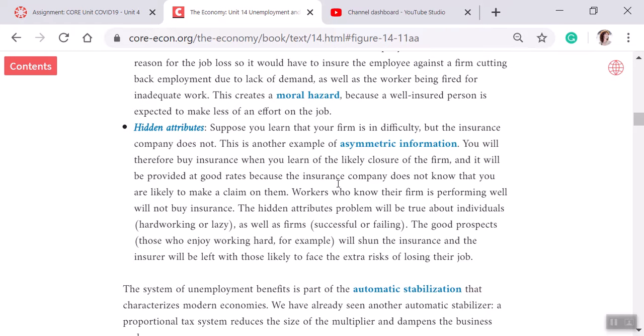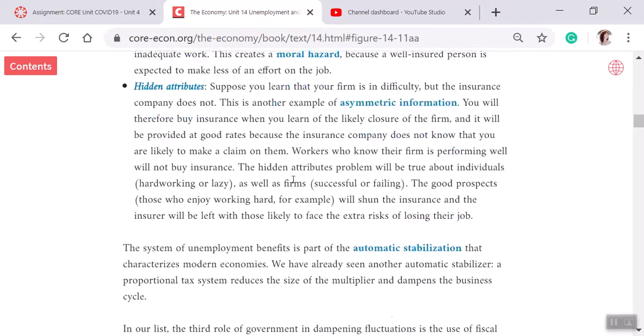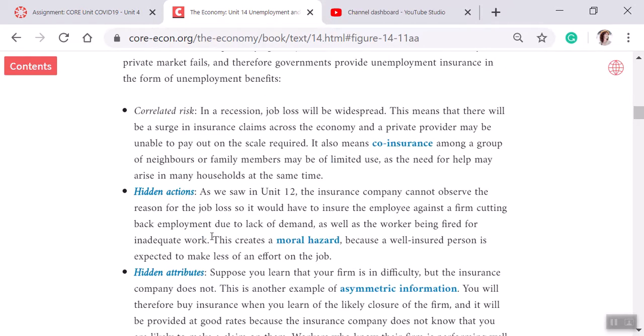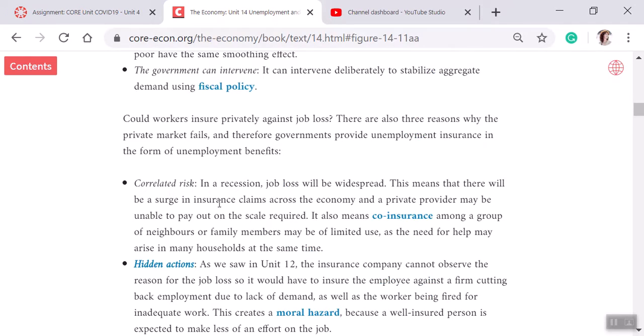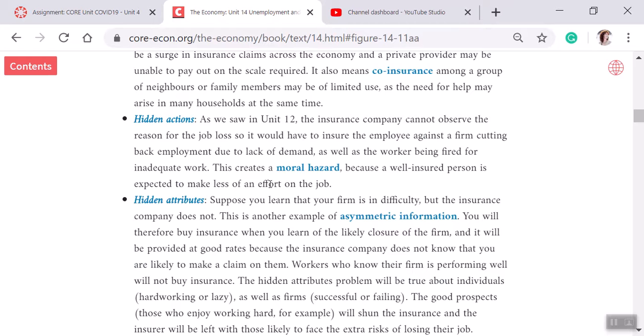And then we have hidden attributes. So let's say you learn your firm is in difficulty, the insurance company doesn't know it. Okay, we have this idea of asymmetric information. You might buy insurance when you learn that the company might close and it might get you a good rate. So anyway, they're just talking about different ways that people can be interacting with the system of unemployment insurance.